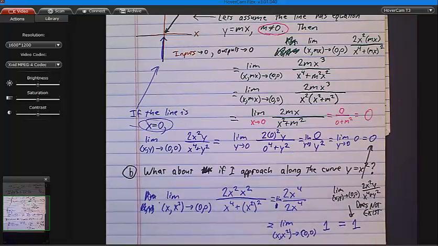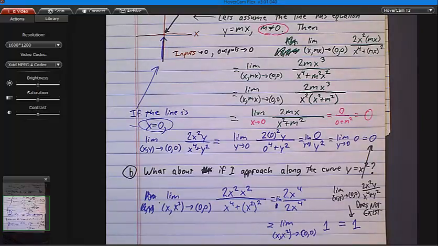Kind of like in Calc 1, remember how you sometimes had the left-hand limit and the right-hand limit? Do you guys remember those problems? They had to be equal for the limit to exist. Well, this is similar. It's funny, every line through the origin is going to take you to 0. But if you happen to travel along this parabola, you're going to have a limit of 1.